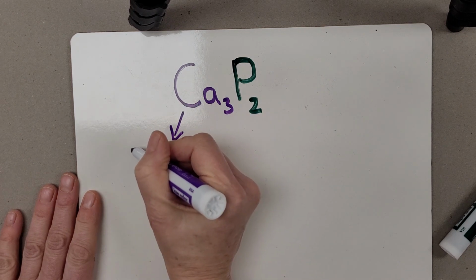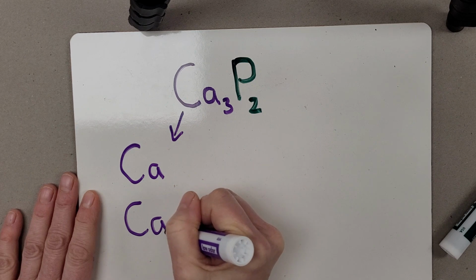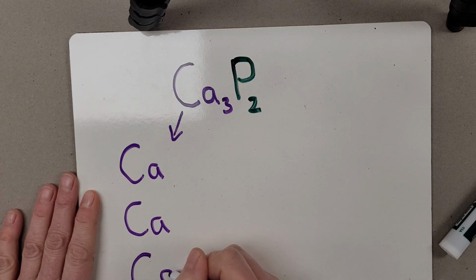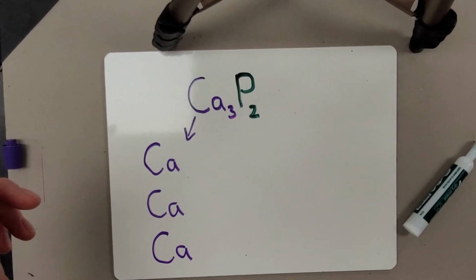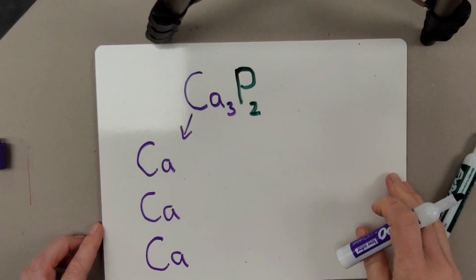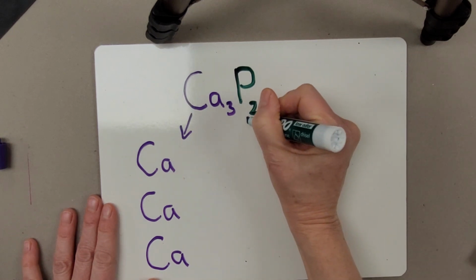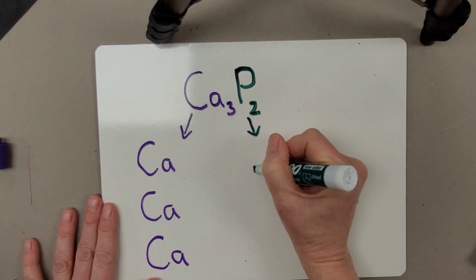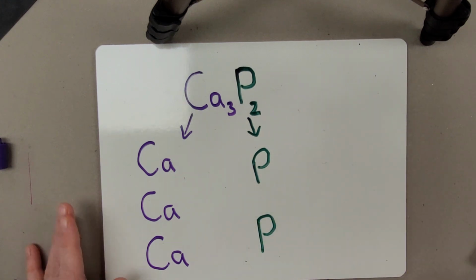So for calcium, that's going to be 1, 2, and 3. And for phosphide, this time I have 2 on this side. So I'm going to draw those 2, and it will work out, I guarantee it.